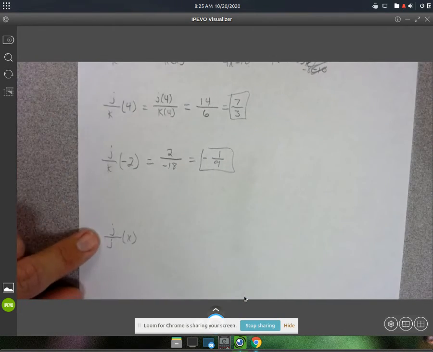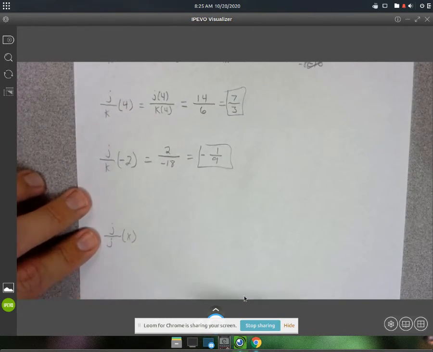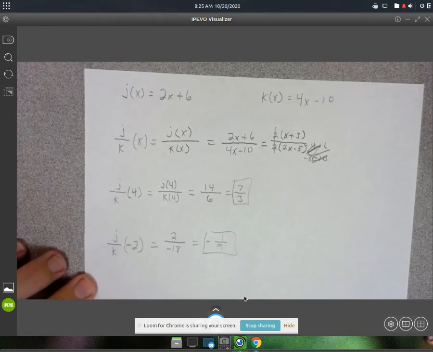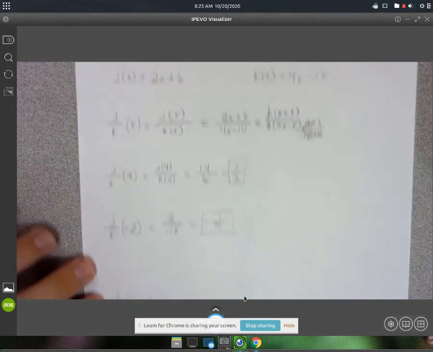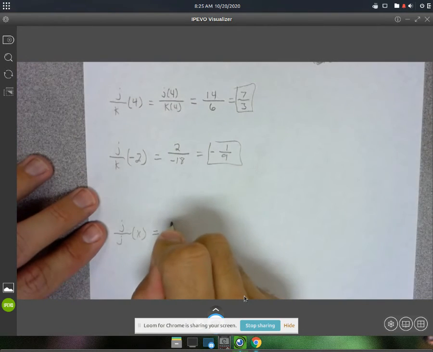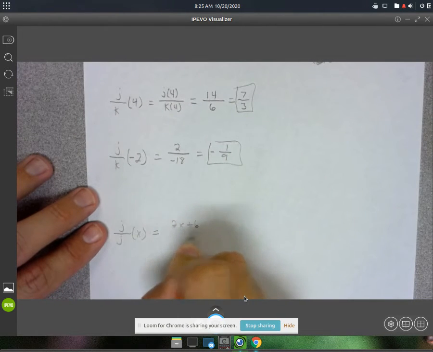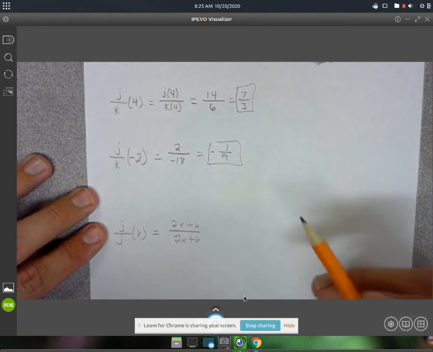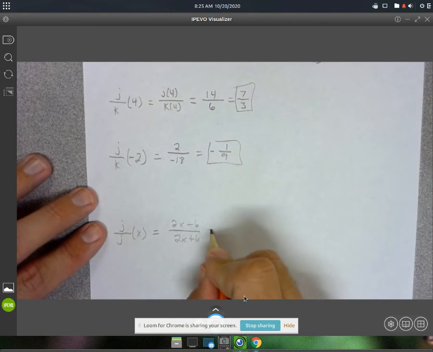All right. This j over j of x, just want to show you what happens here. J was 2x plus 6. So you wind up with 2x plus 6 over 2x plus 6. And anything divided by itself will always equal 1.